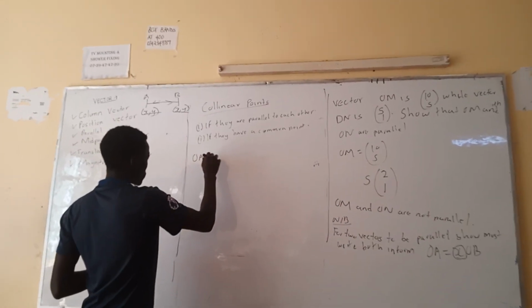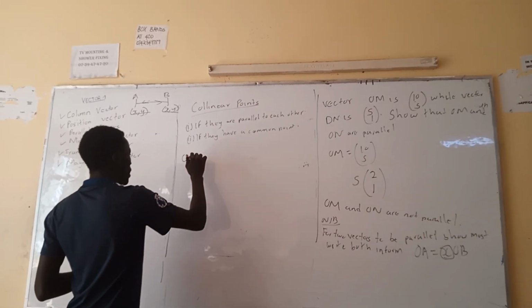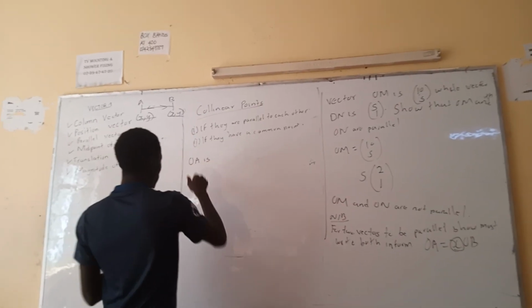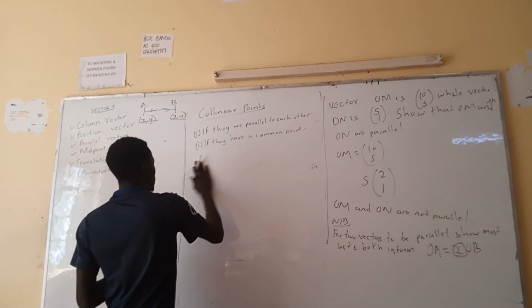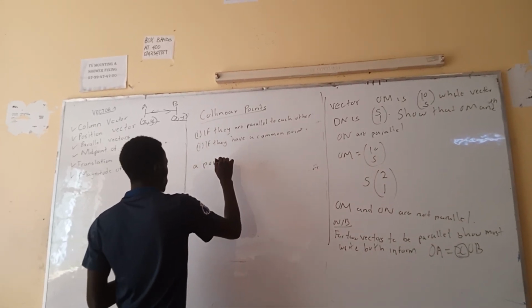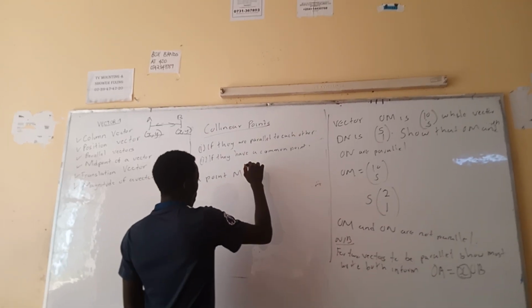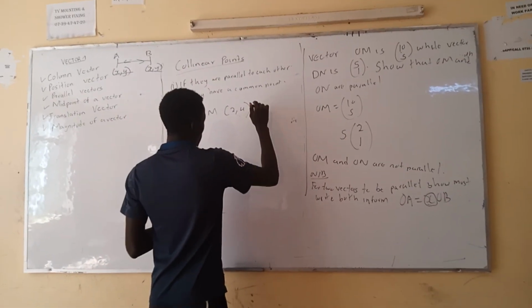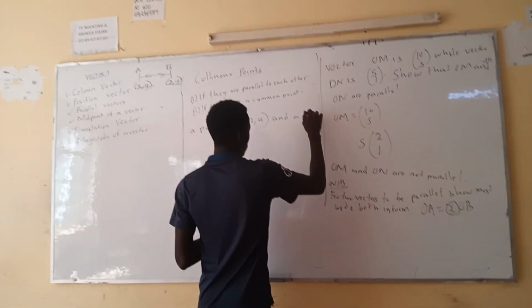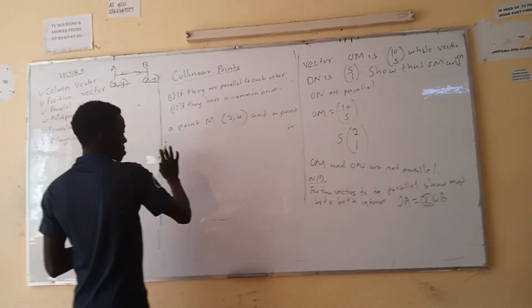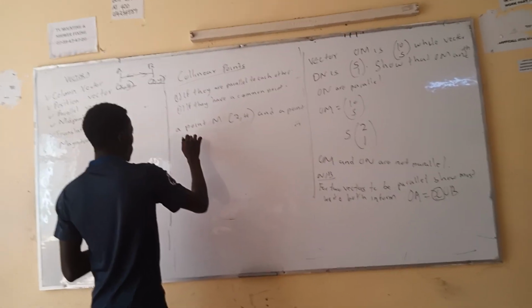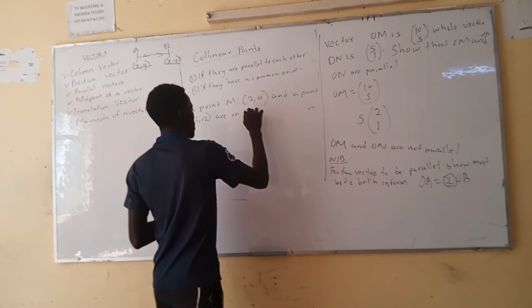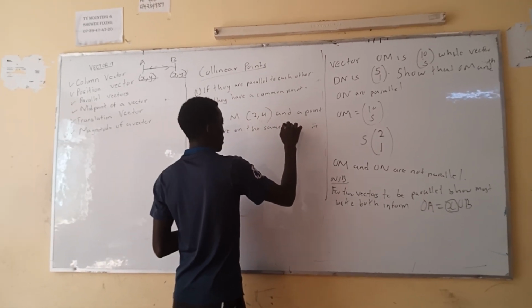We'll say a point M, 2, 4, and a point N, 6, 12, are on the same line.